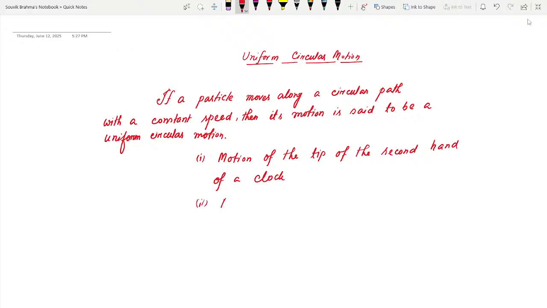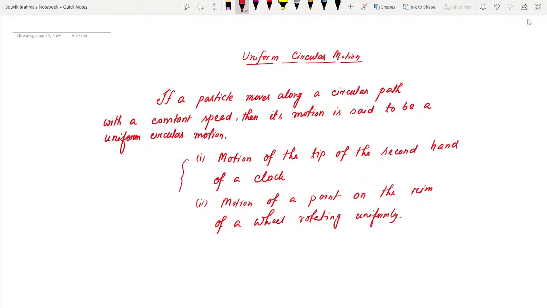Number two, motion of a point on the rim of a wheel rotating uniformly. Correct? So these are the two examples of it.